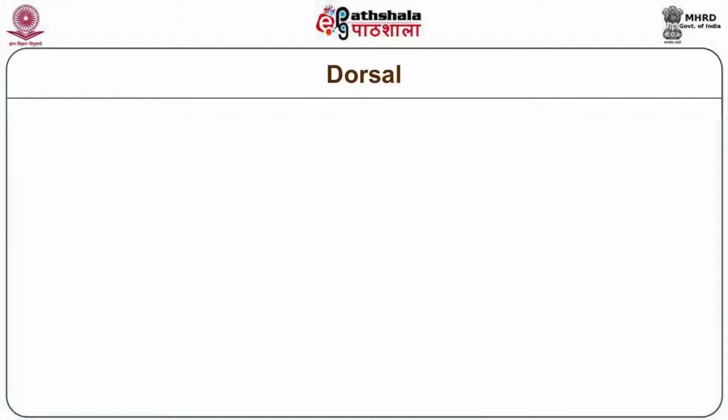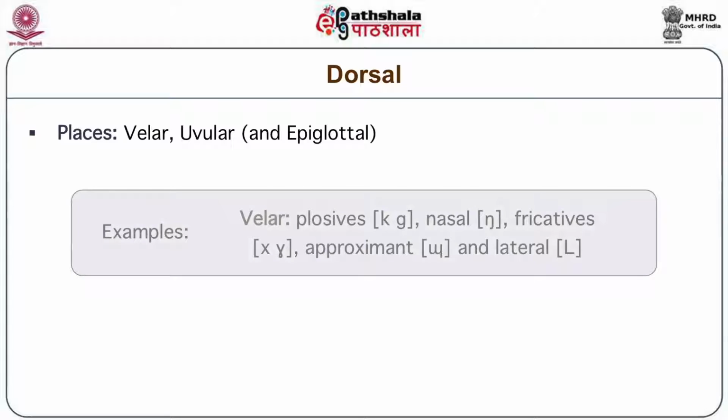The third group of places of articulation is known as the dorsal place of articulation. These are mainly 2, namely velar and uvular. Now we have velar sounds, we have plosives, very commonly found in languages. Almost all languages have at least k or a g. Then we have nasals, ng, widely found in most languages.